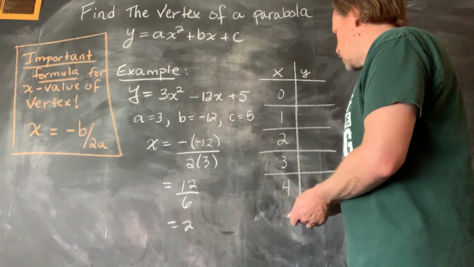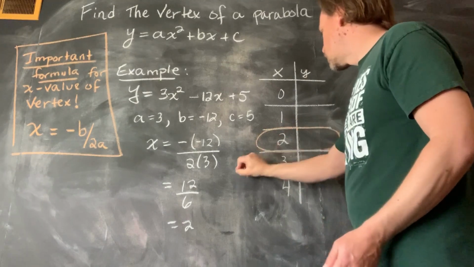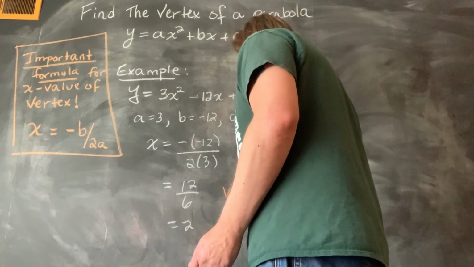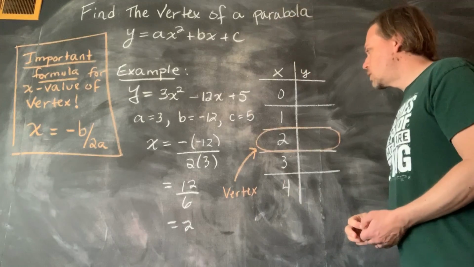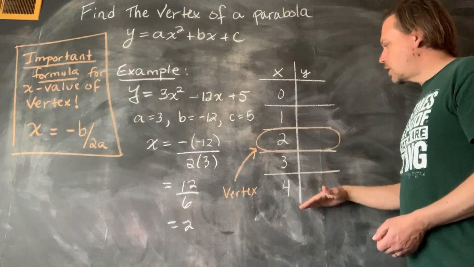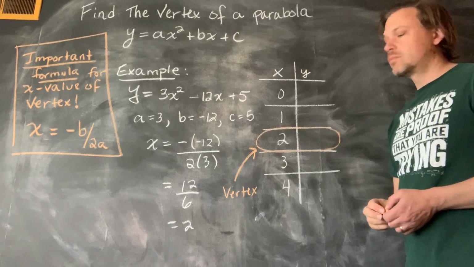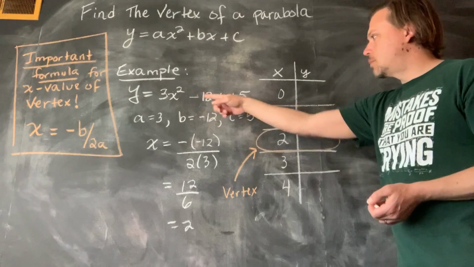And this value here is going to be my vertex. So all we need to do now is take all of these values and substitute for x.